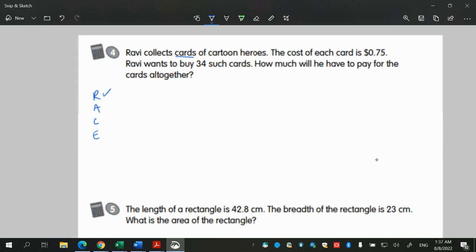I'm going to annotate. Cost of each card is 75 cents and he bought 34 such cards. Such means they are the same cards, equal in value. That refers to these cards. How much he has to pay? How much? That's the question. Pay for the cards altogether. So the sum of the amount of money.